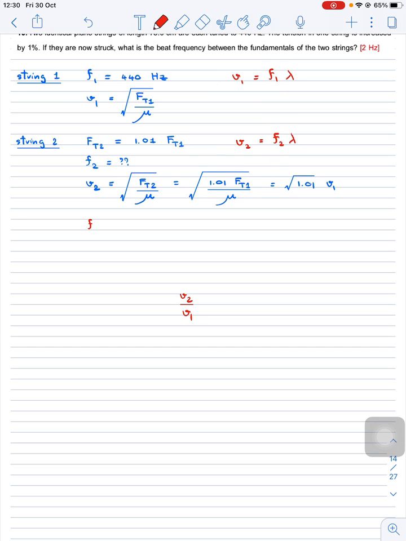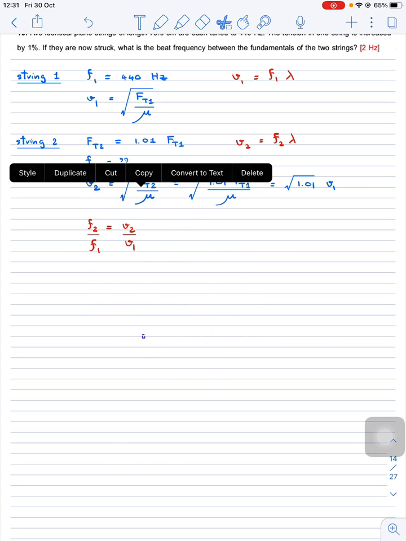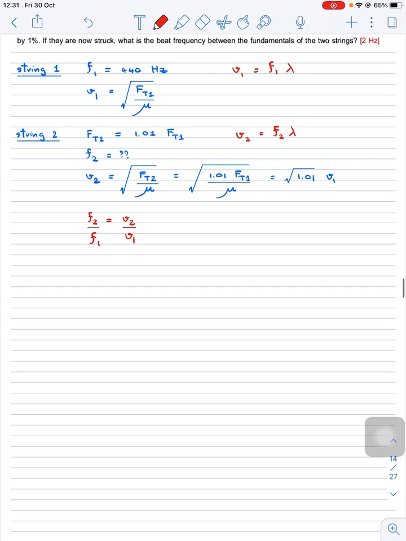This is what we get. But now we know that v2 over v1 is just equal to the square root of 1.01.